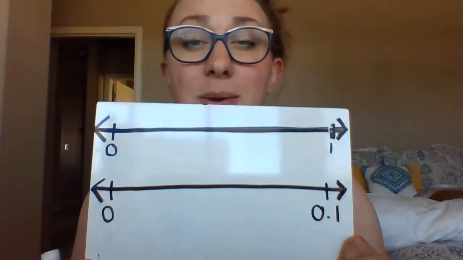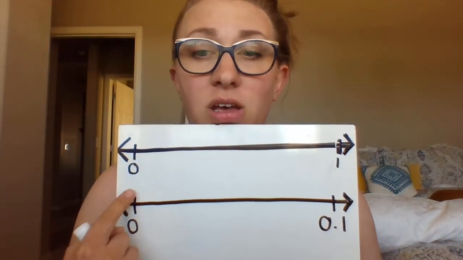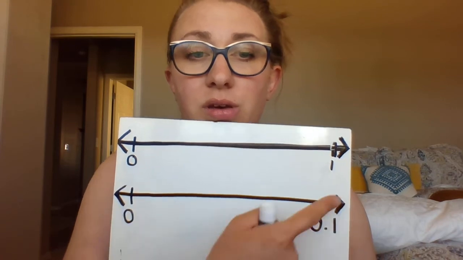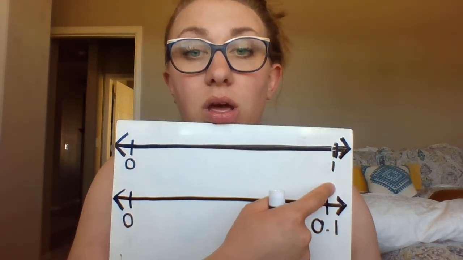Okay. The number line on top goes from 0 to 1, okay? What I'm going to do is separate it into tenths, which means there will be 10 spaces, right? Give me a moment here. So I have 0, 1, 2, 3, 4, 5, 6, 7, 8, 9.